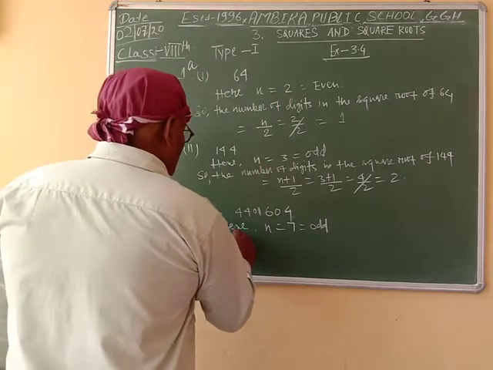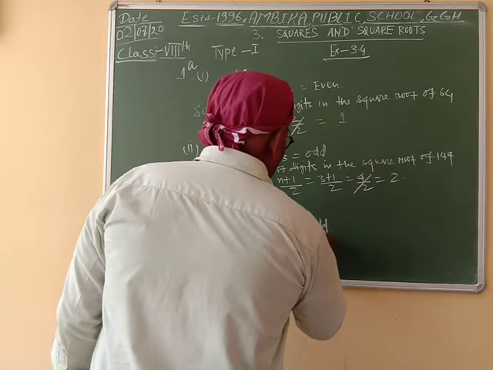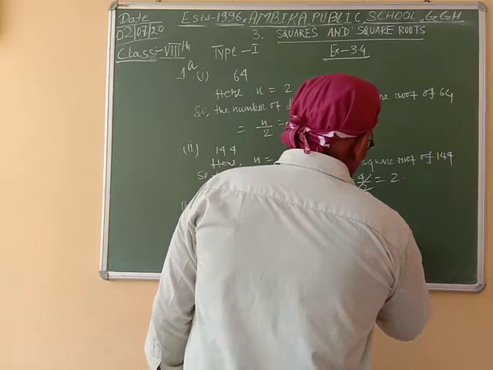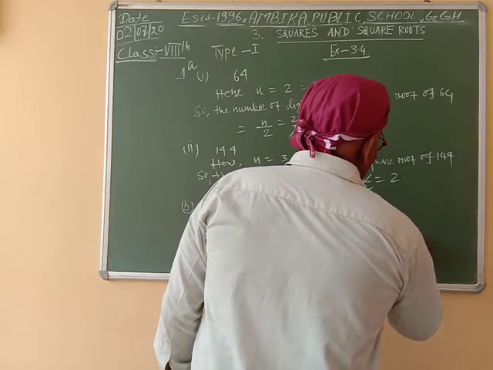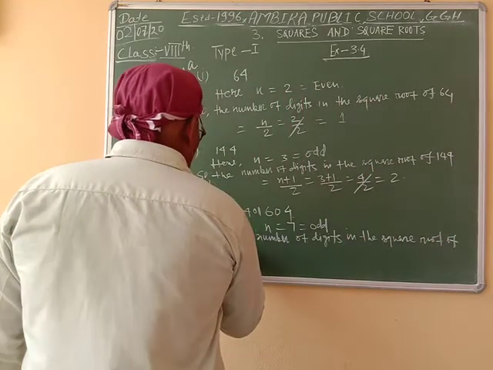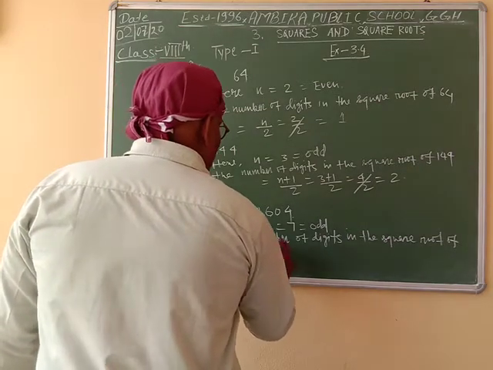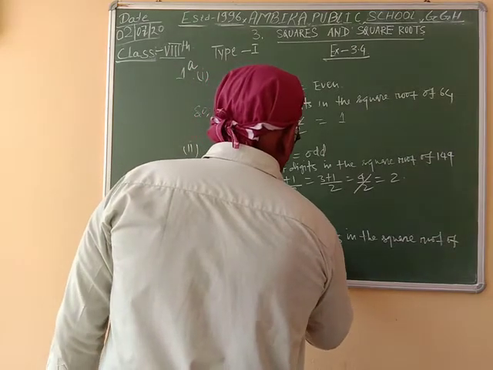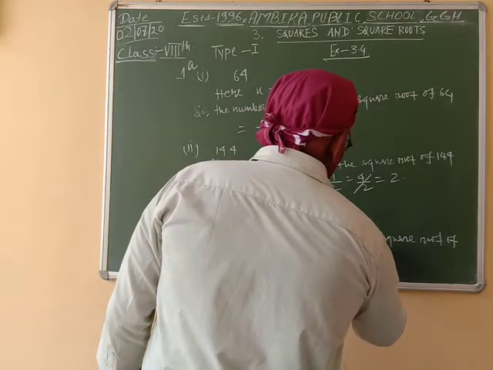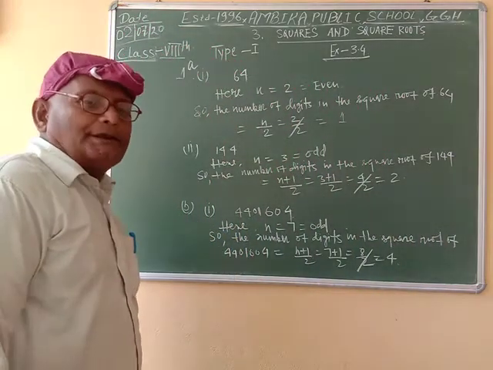So the number of digits in the square root of 4401604 is equal to n plus 1 by 2 is equal to 7 plus 1 by 2 is equal to 8 by 2 is equal to 4. So the number of digits in the square root of the given number is equal to 4.